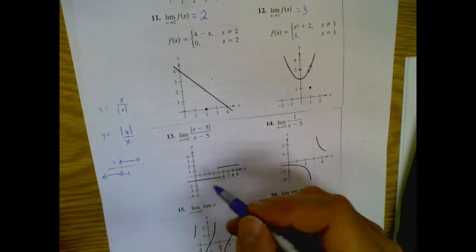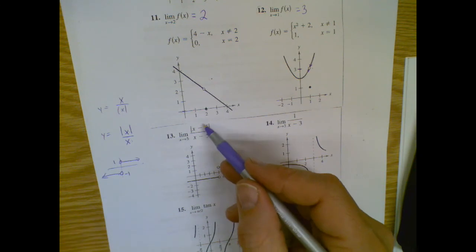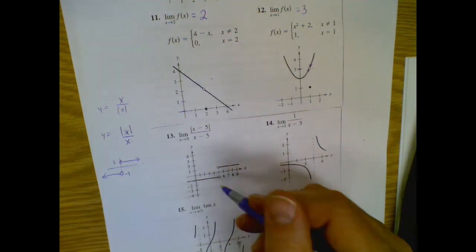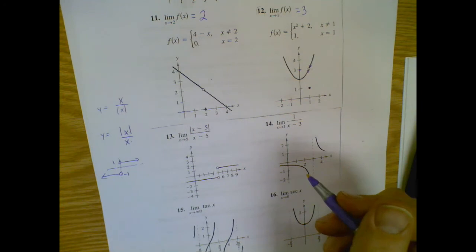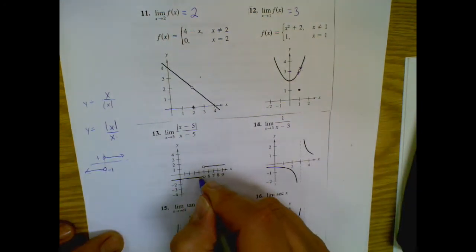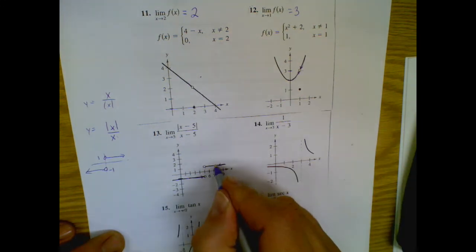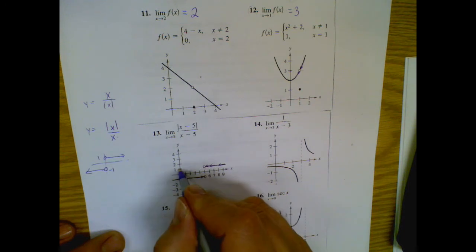For numbers smaller than 5, you get a positive on top and a negative on the bottom. So you get a negative 1. As you're cruising in on the left side here, it looks like our y value is going to be a negative 1. As you're cruising in on the right side, our y value is a positive 1.